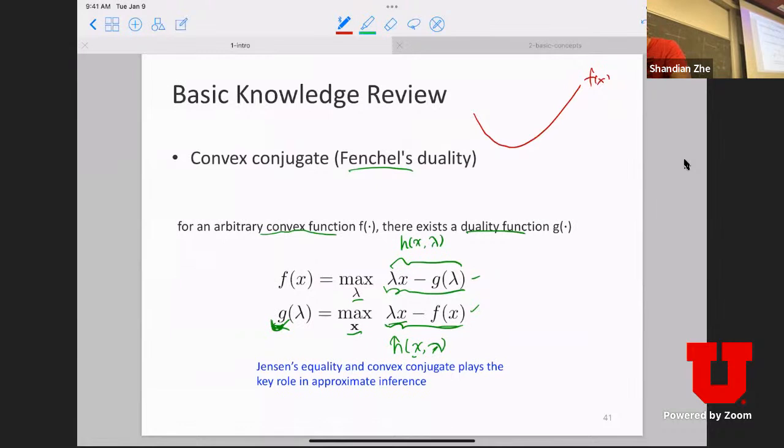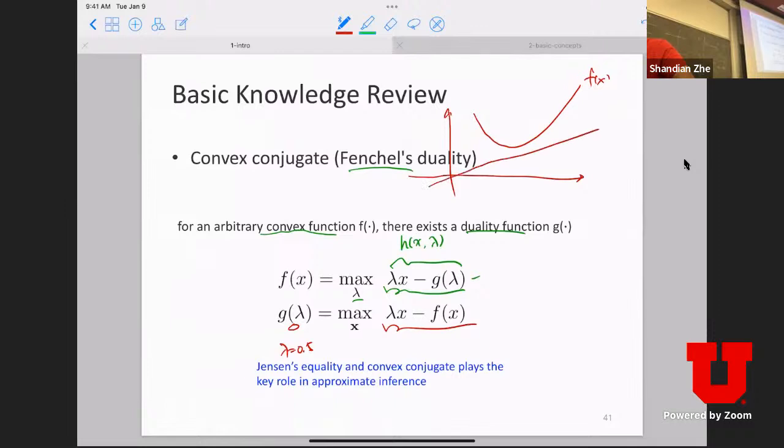According to our definition of the duality, if I want to get the value of g of lambda at a particular lambda, say lambda equals 0.5, the right-hand side is some lambda x, like 0.5 times x.